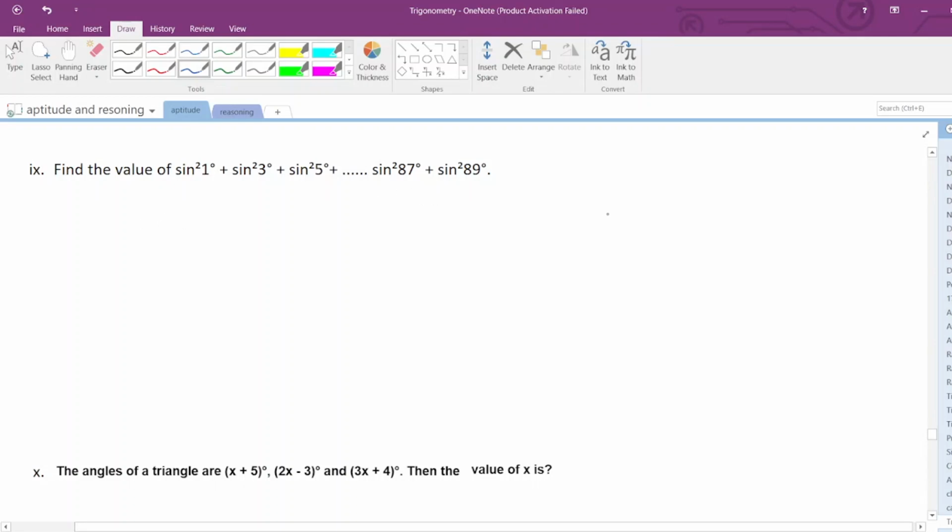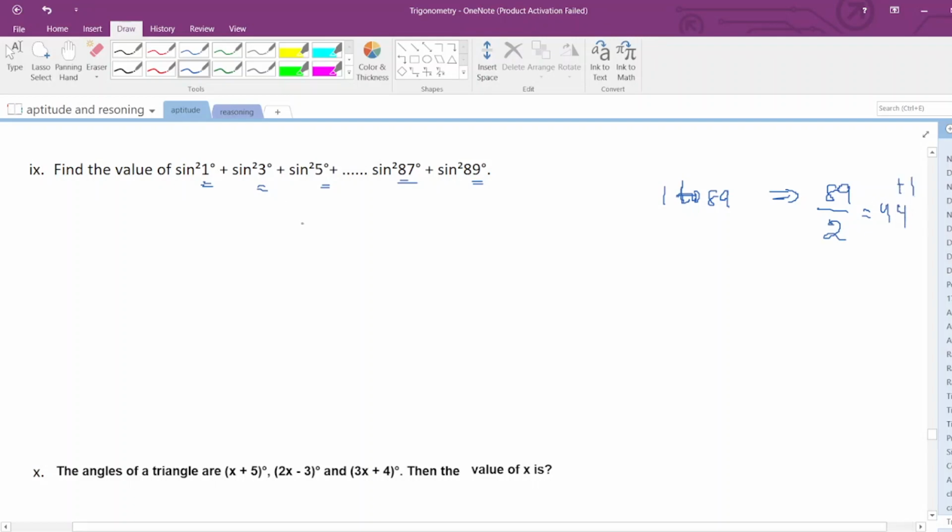In total from 1 to 89, how many are there? It will be 89, right? But here they are all given as odd numbers: 1, 3, 5, 87 and 89. So I have to divide by 2, right? I'll get 44 plus 1.